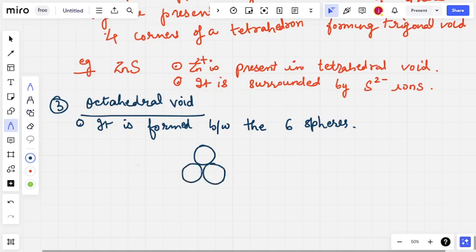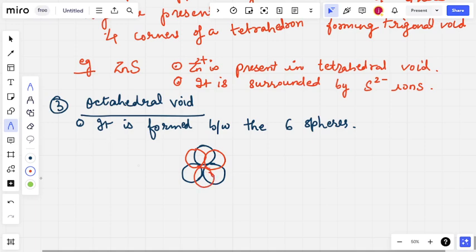All these 3 blue spheres are in one plane and the other 3 are arranged as one, 2 and 3.